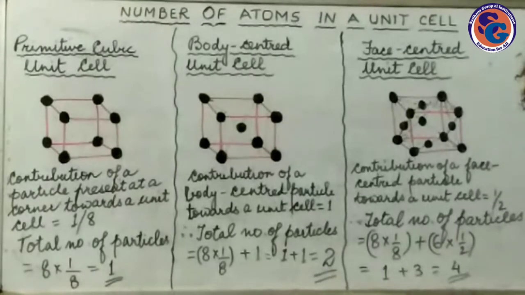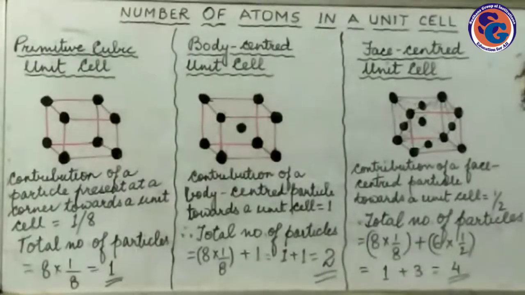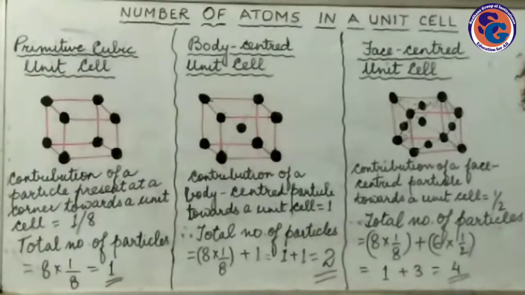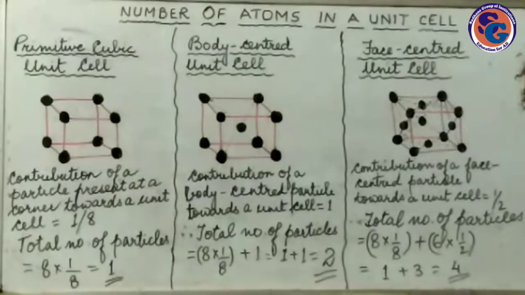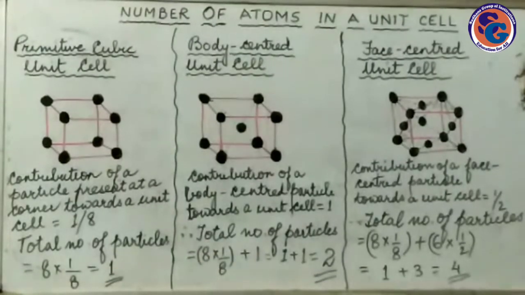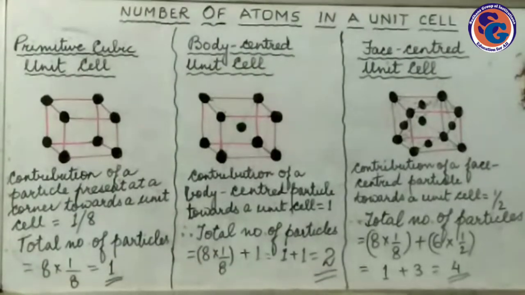The contribution of every such particle which is present at the center of the face of a unit cell is only half. So those 6 particles which are present at the centers of the faces of the cubic unit cell contribute 6 into half, that makes it 3.